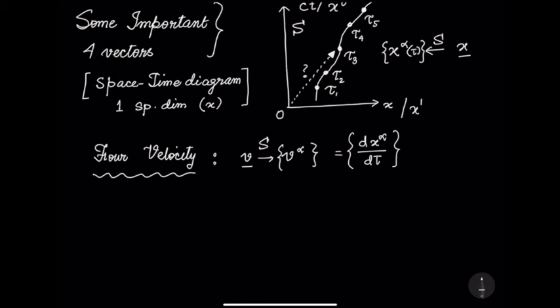See, it has the dimension of velocity. I have divided a vector by a scalar. The tau is a scalar. Tau, remember, doesn't change if you go to different reference frames. So this still remains a vector, and that is what I call the velocity 4 vector.